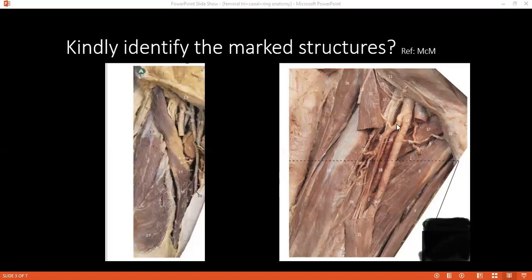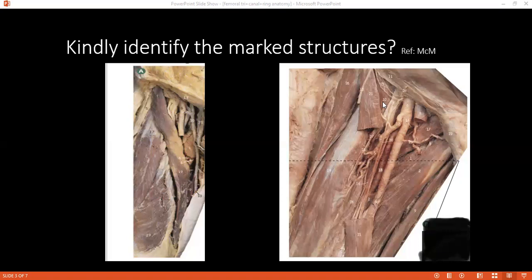Number 8 is the femoral artery, and 7 is the nerve. So which muscle would that be?